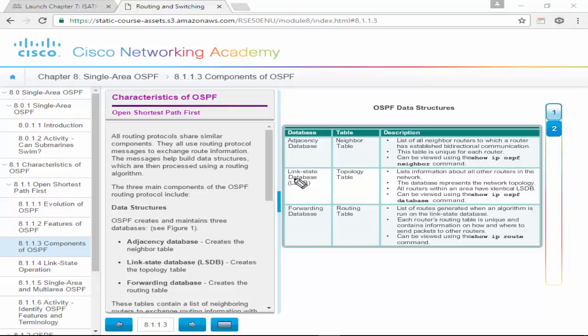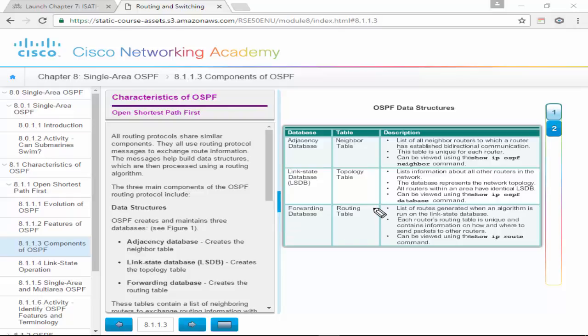Show IP OSPF neighbor. Our next one, we have a link state database, which is the topology table. How do we see that? Show IP OSPF database, right? So this is all of the router information and the networks they go to, basically.